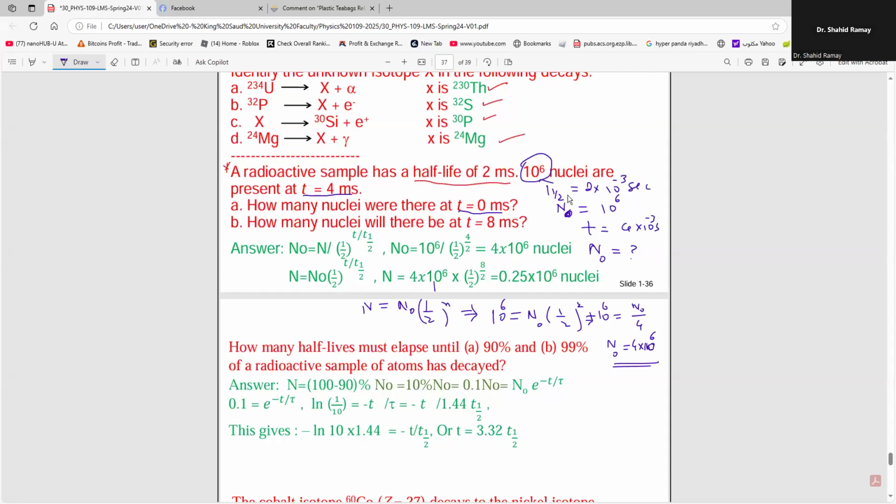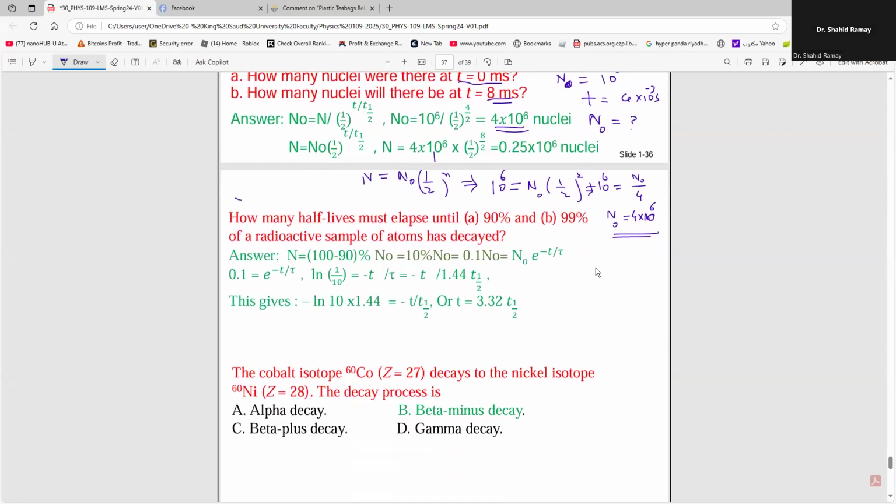In this way you can solve it, and the answer is 4 into 10 raised to power 6. Similarly you can solve the next part: how many nuclei will be there at t equal to 8 milliseconds. Apply the time, 8 milliseconds, and solve it in the same style. Okay.